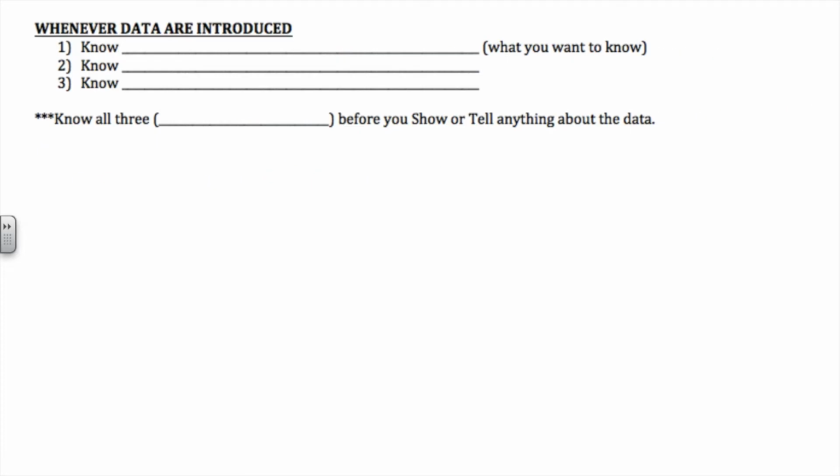Let's summarize everything. Whenever data are introduced, here's the checklist you want to go through. Know why you are examining the data. What do you want to know? Why are you looking at this particular data?